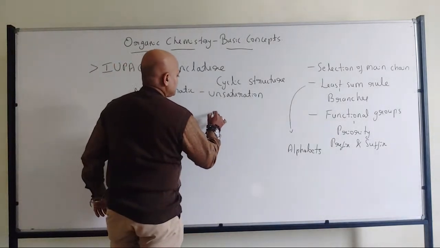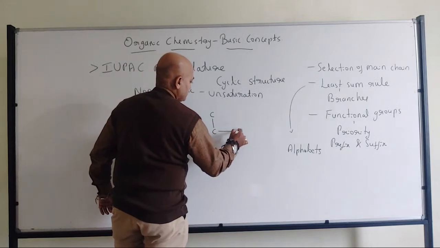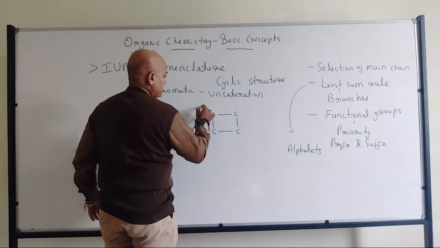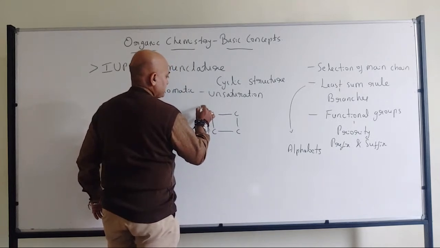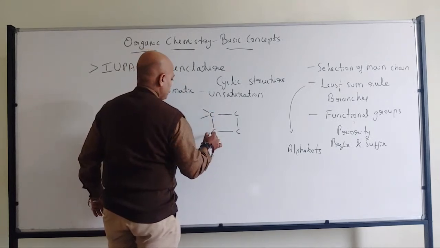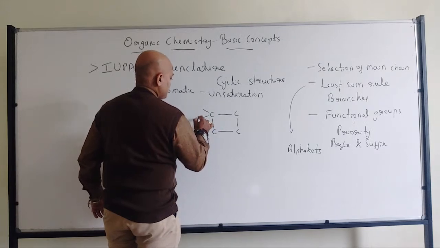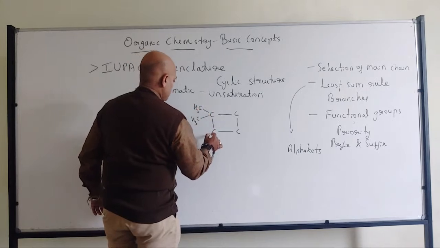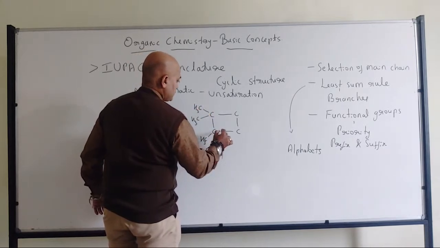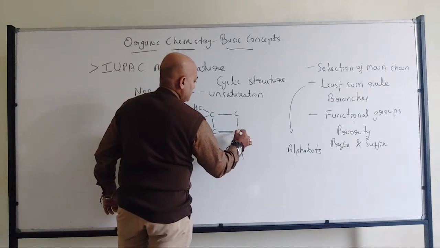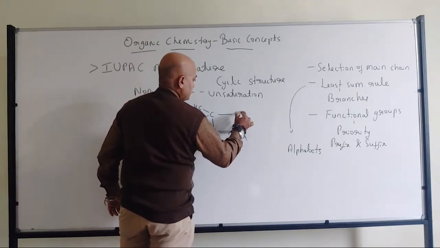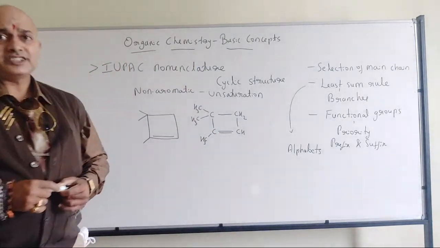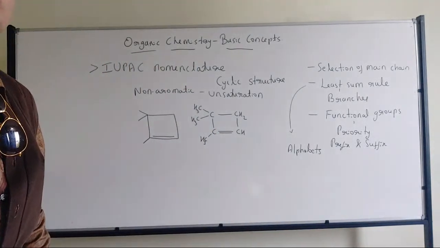So I will write it as... okay, there is a double bond. So this is the regular structure. Line structure, regular structure.